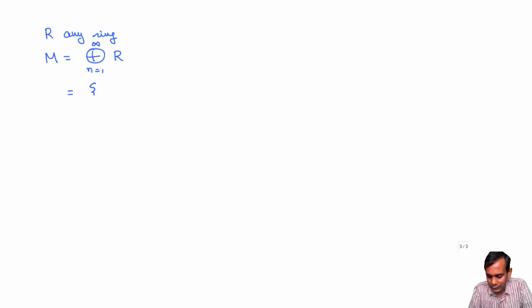What this is, it's the space of all sequences rn, n goes from 1 to infinity, so it's like sequences r1, r2, r3, such that rn is equal to 0 for all but finitely many n.